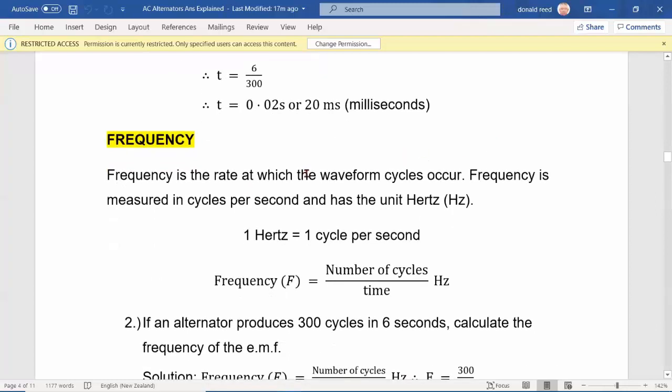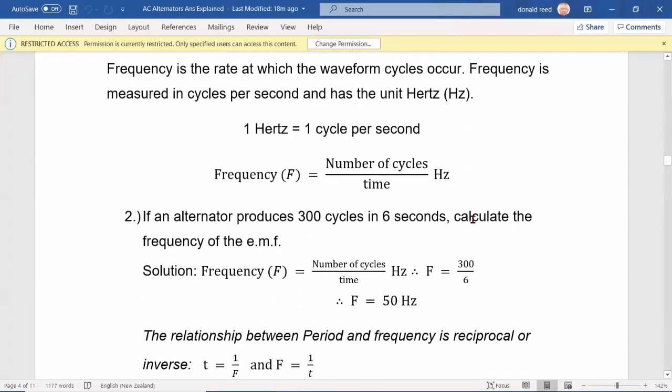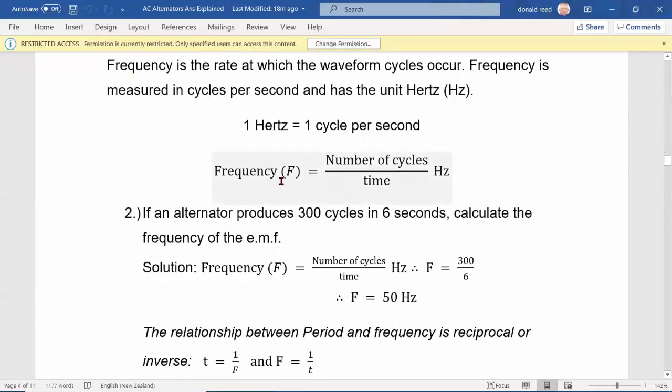Frequency is the rate at which the waveform cycles occur. Frequency is measured in cycles per second. We have 50 cycles per second in this country, and we call that 50 hertz. So the formula: frequency equals the number of cycles divided by the time.